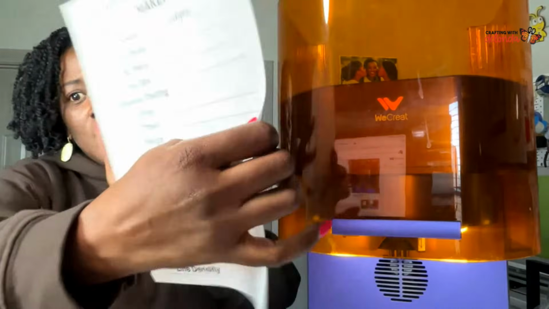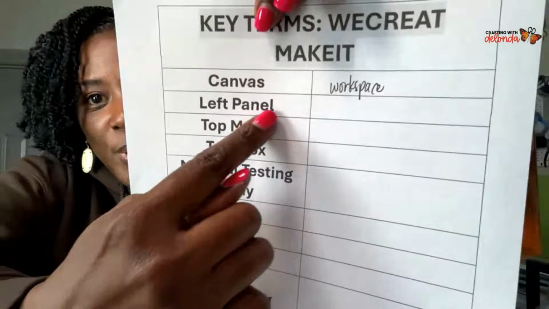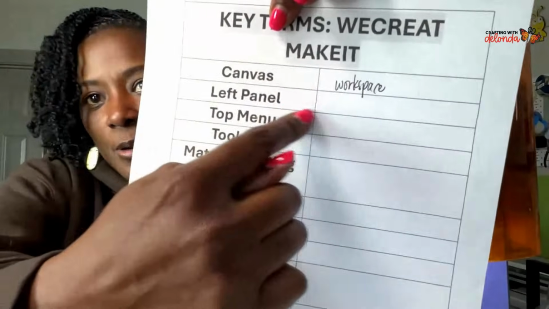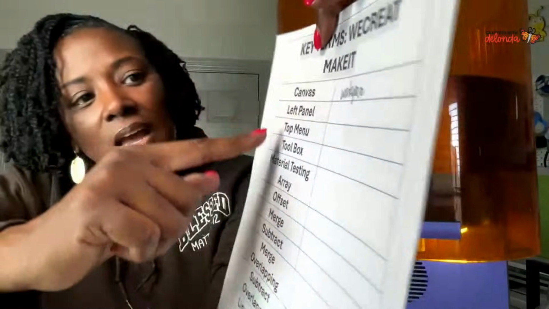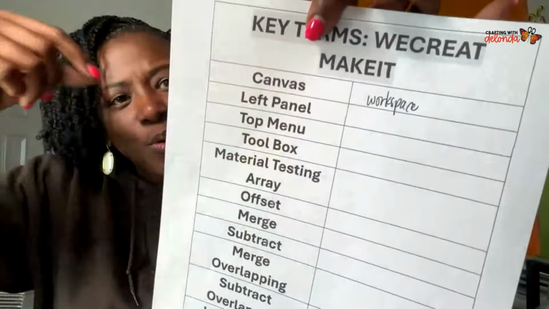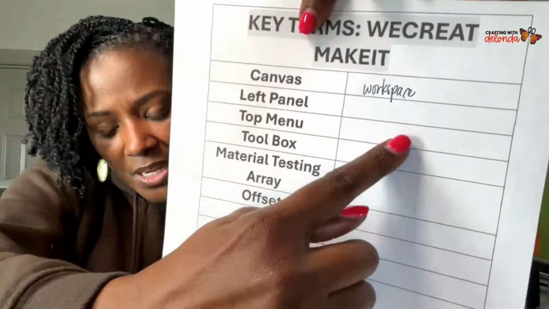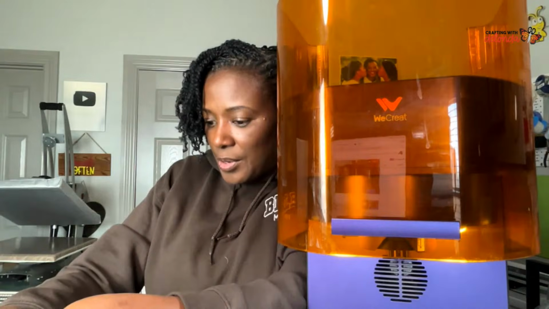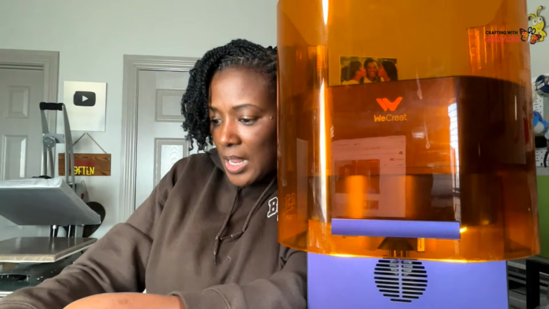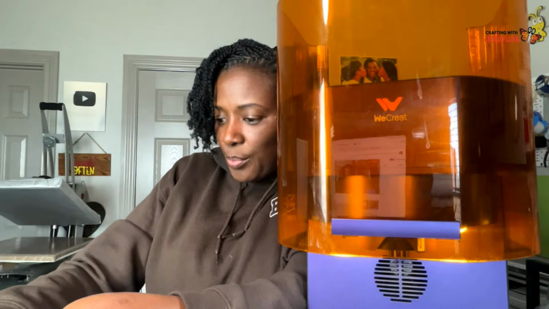All right, so right here for the left panel, I reviewed the left panel. Write down whatever you want to write about the left panel. I reviewed the top menu, right, to show you what's there. I think the important thing to write down about the top menu is to lock the proportions. So even on mine, I'm going to write that down. Lock the proportions. Remember to lock the proportions.